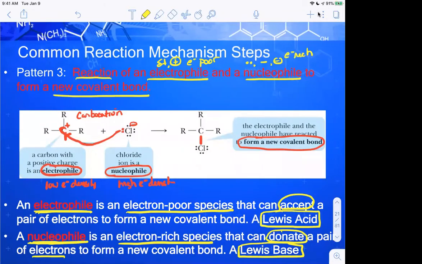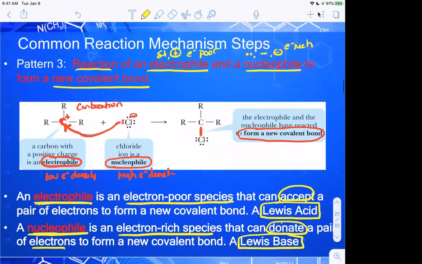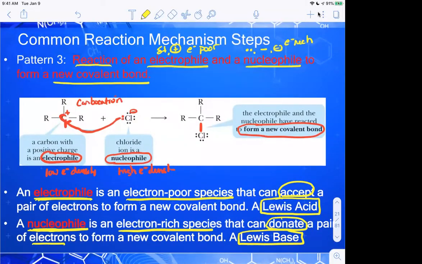And you want to be able to start interjecting this terminology into how you're describing things, because when you have those sorts of problems that you need to answer on tests and that kind of stuff, you want to make sure you use the correct terminology to get the most points.